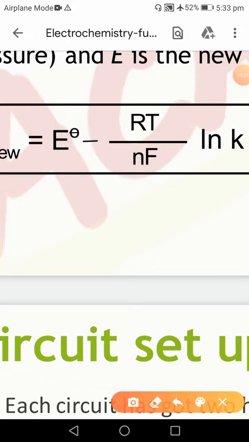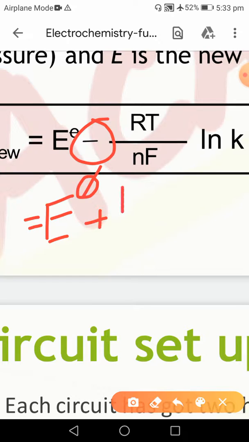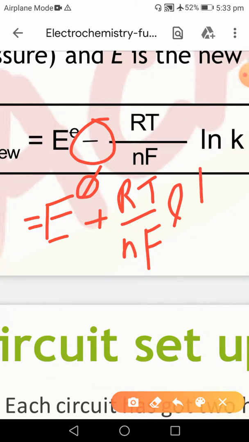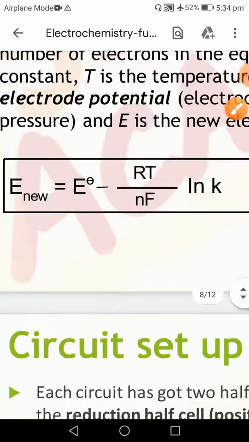But the equation in those books is like this: E equals standard electrode potential plus RT by nF into ln 1 by K. 1 by K means the concentration of the oxidized form divided by the concentration of the reduced form. But these two equations are actually the same.